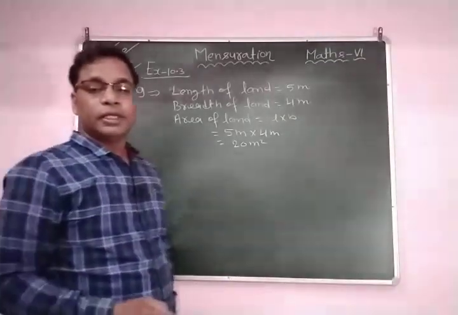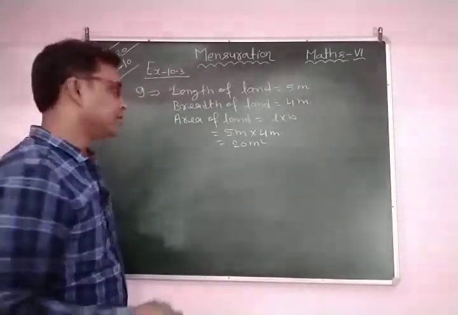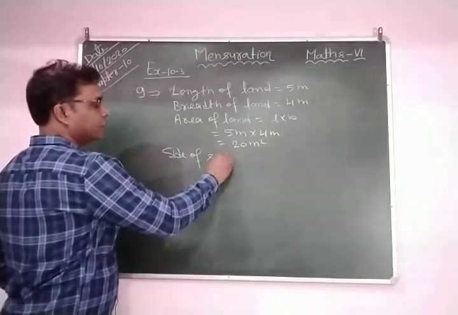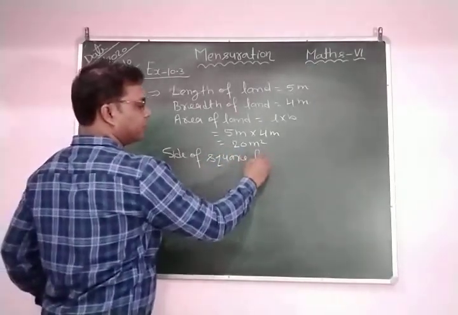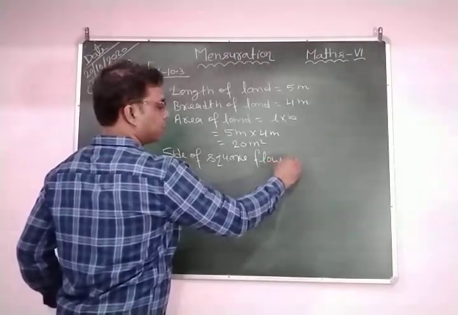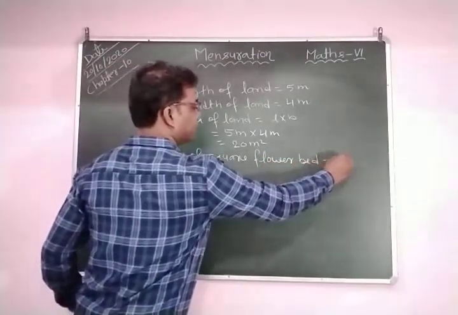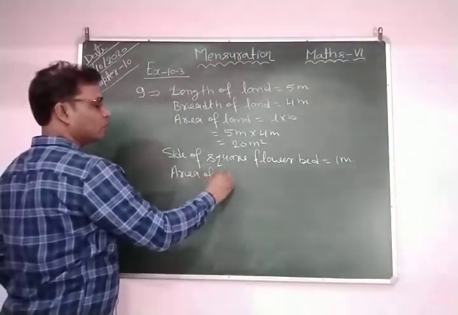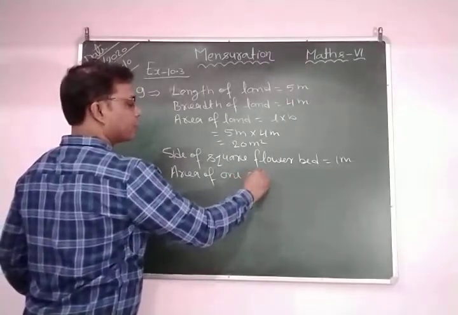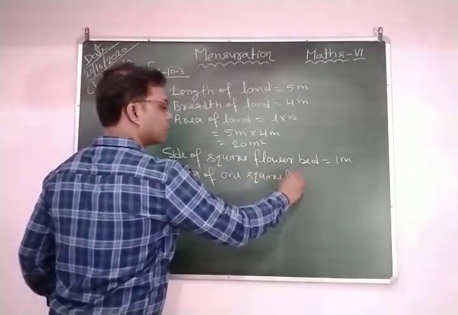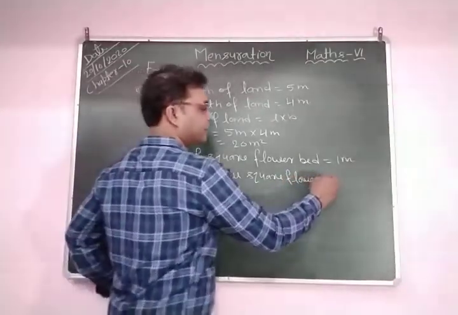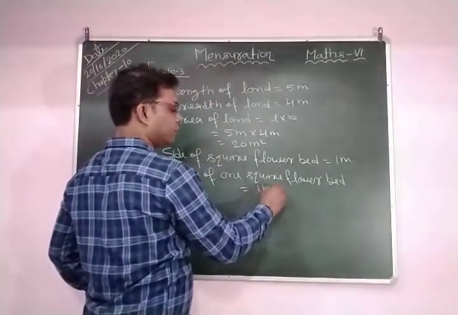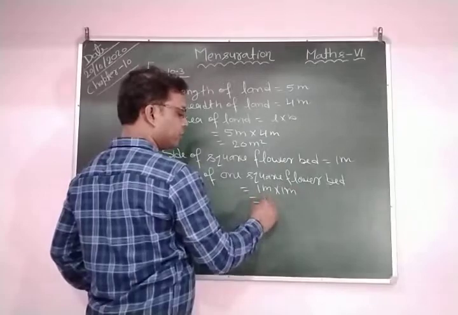Now, again, the side of the square flower bed is given as 1 meter. So area of 1 square flower bed is equal to 1 meter into 1 meter, which is equal to 1 meter square.